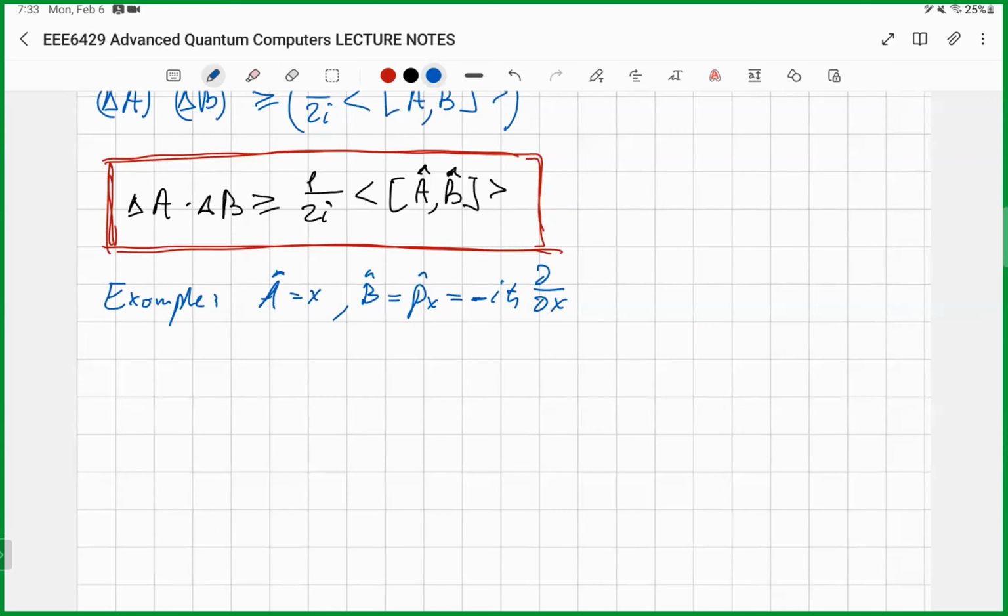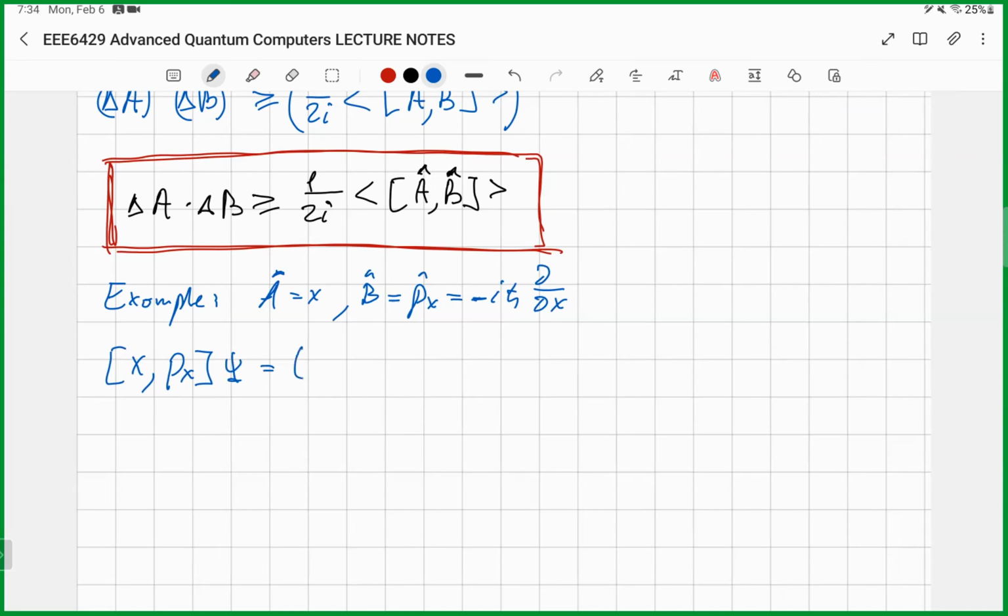So first of all, let's find this commutator of x and Px. And again, when I calculate the commutator, I have to apply this operator on some function psi. Let's do this.